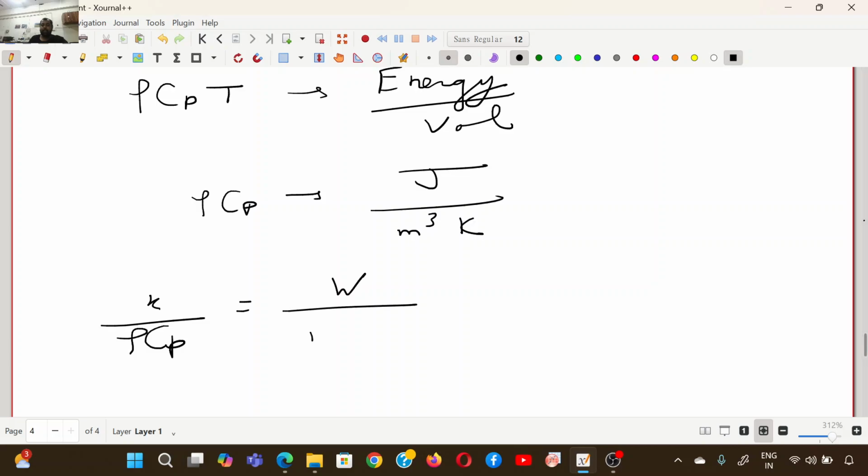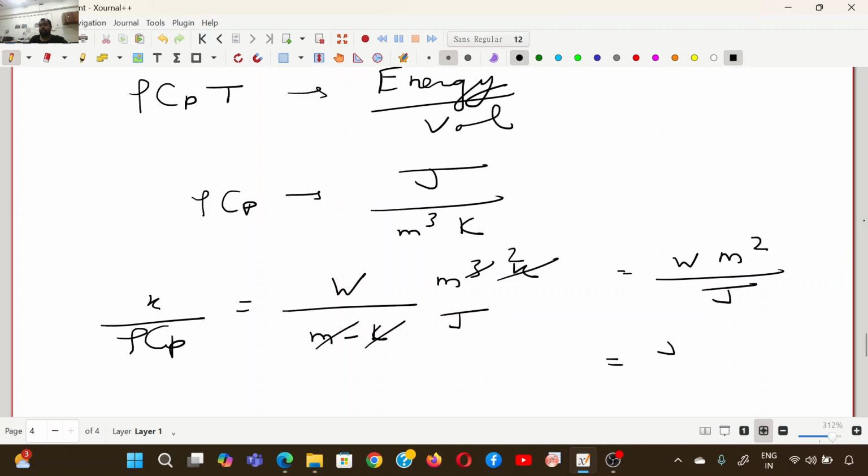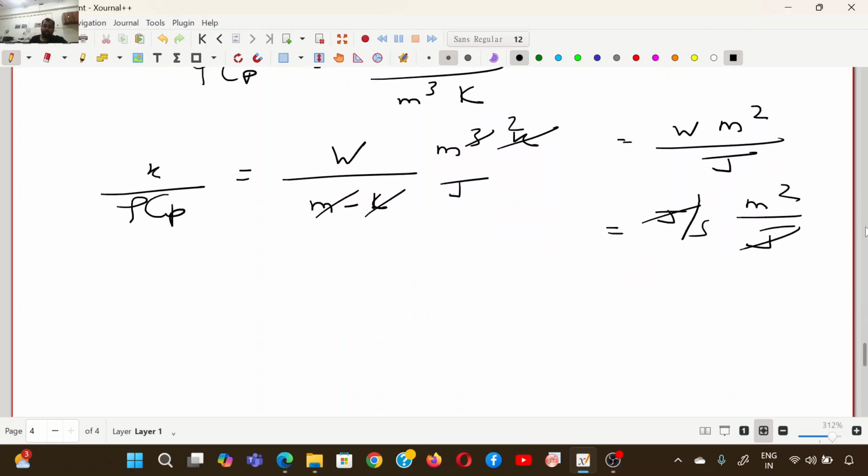Rho Cp's unit is joule per meter cube Kelvin. So meter cube Kelvin will go to the numerator. So it will be watt meter square by joule. And what is watt? Joule by second. So joule by second into meter square by joule. Joule gets cancelled. And we have meter square by second.